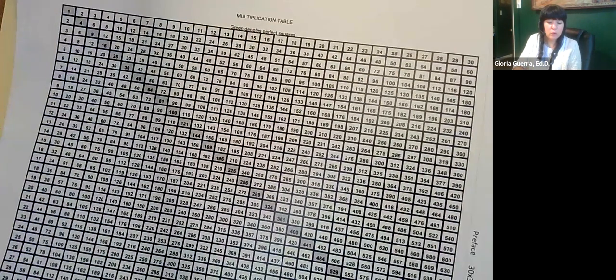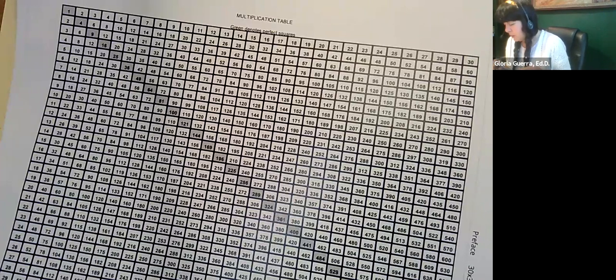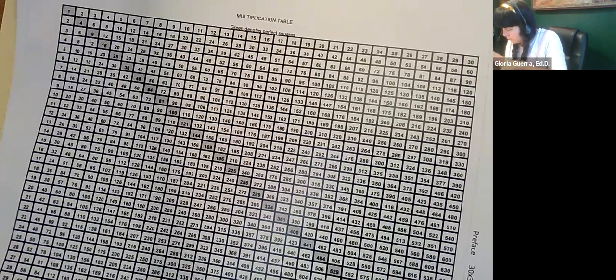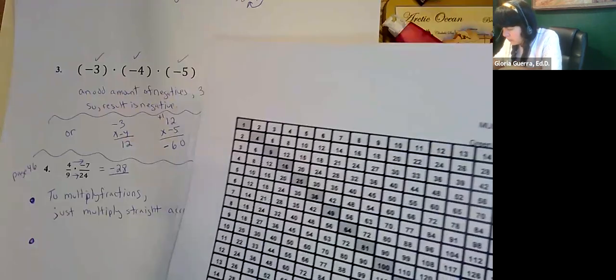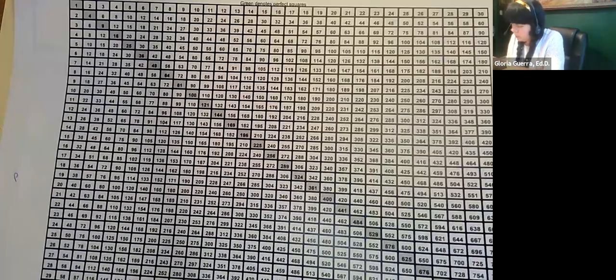You also have a 12 by 12 multiplication chart. Usually the rule of thumb is that if you can find it on your 30 by 30 chart, you don't have to actually write it out unless you've got like decimals involved or something. But like this one, 9 times 24, and I like to use my ruler.